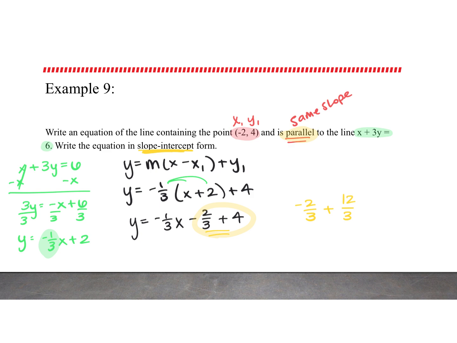So if I multiply it by 3, notice that we get 12 over 3. 12 divided by 3 is just the whole number 4. But now I have it in terms where they both have that same denominator, 3. And then 12 minus 2 on top gives us a positive 10 over 3. So y equals negative 1/3 x plus 10/3. And we are in slope-intercept form.